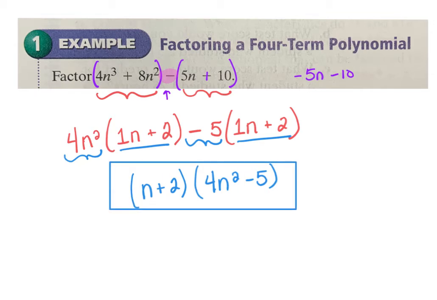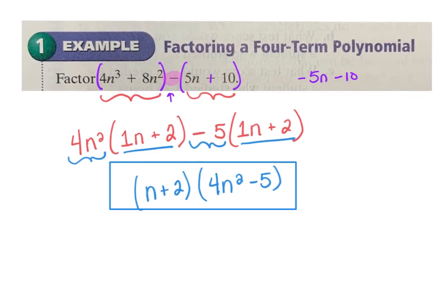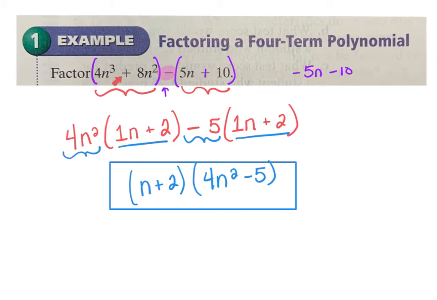If I were to FOIL that, I would get what I started with up here. All right, and you can check it. So if I were to say n times 4n squared, and remember this is just checking, this is not my answer, 4n cubed. N times negative 5 is negative 5n. 2 times 4n squared is 8n squared. 2 times negative 5 is negative 10.